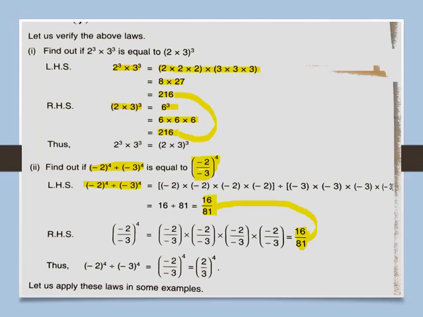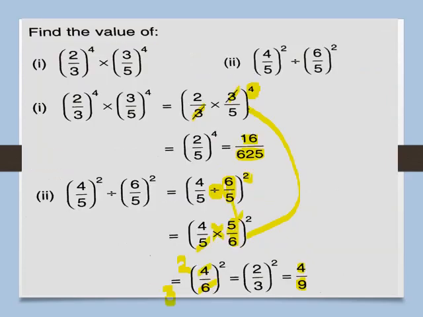Now we will take the overall power of 4. So see here, we can write 2 upon 3, 4 times, and then we will take the multiplication of numerator and the multiplication of denominator. So again in this case, according to the law 7, we can see both the numbers are equal.